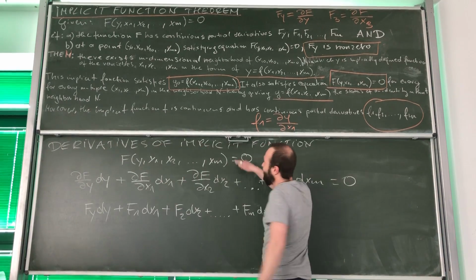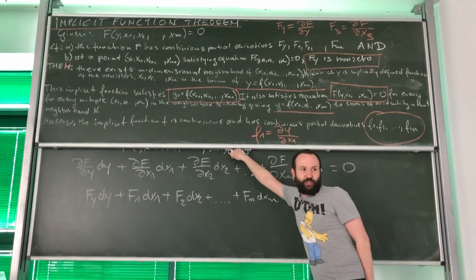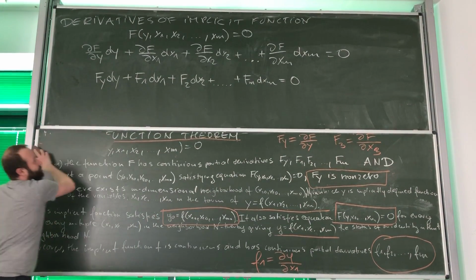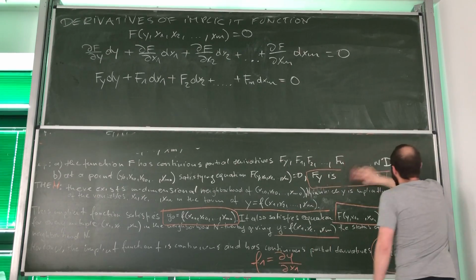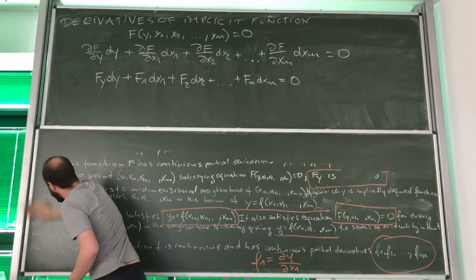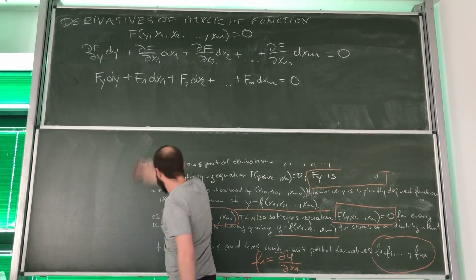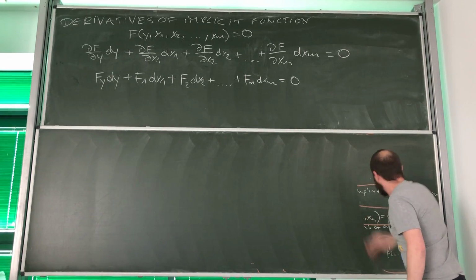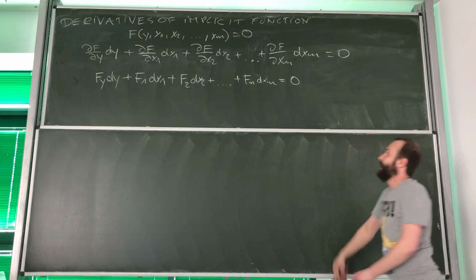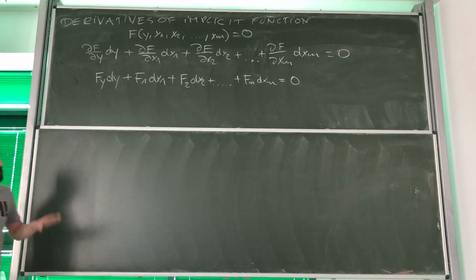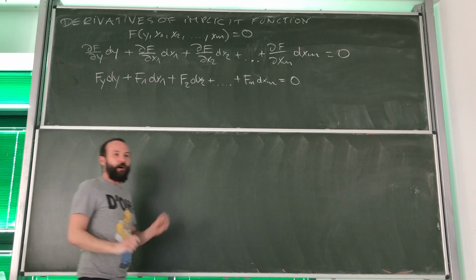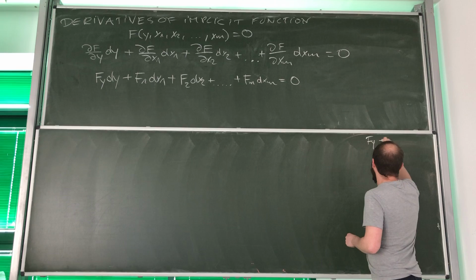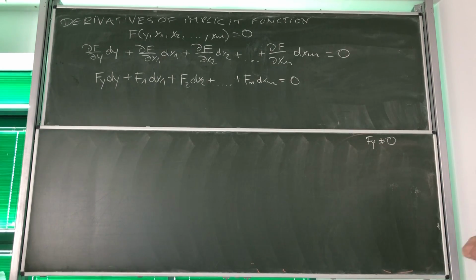We easily calculated the total differential of this function. But this is not all. Let's assume that the conditions of the theorem are fulfilled, which means that fy is different than 0.